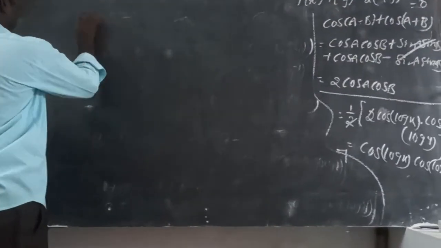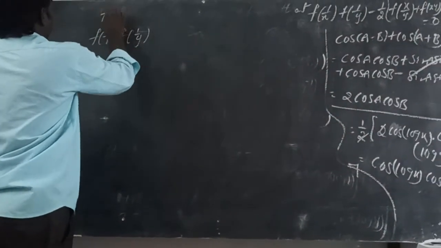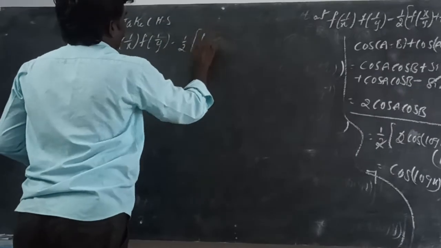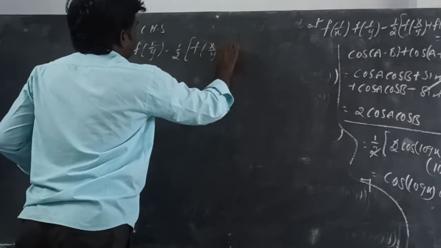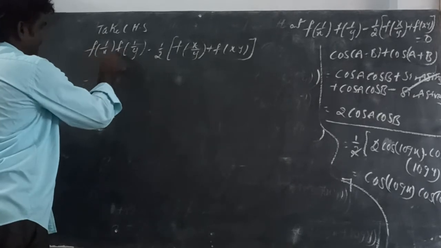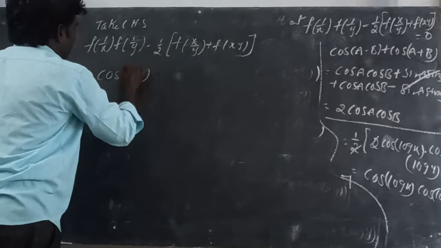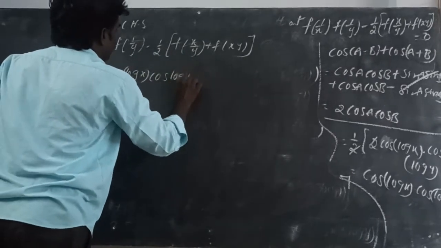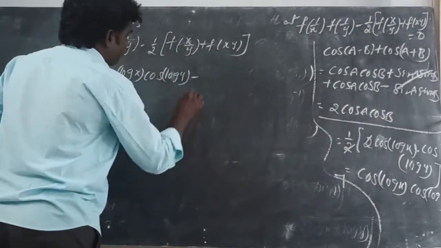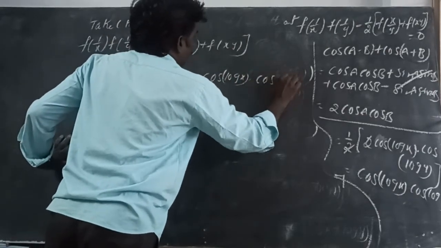Now take the LHS: f(1/x) f(1/y) − 1/2 [f(x/y) + f(xy)]. f(1/x) f(1/y) is cos log x cos log y, minus 1/2 [f(x/y) + f(xy)], which is cos log x cos log y.